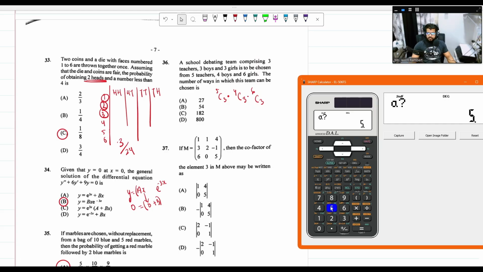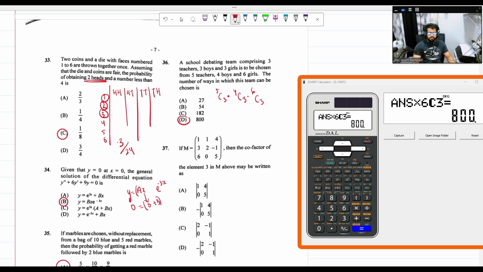So 5 choose 3 by 4 choose 3 by 6 choose 3 is 800. The answer is D.